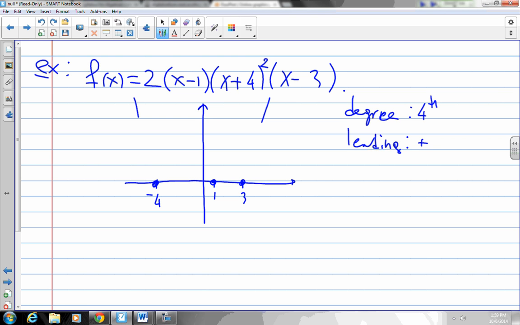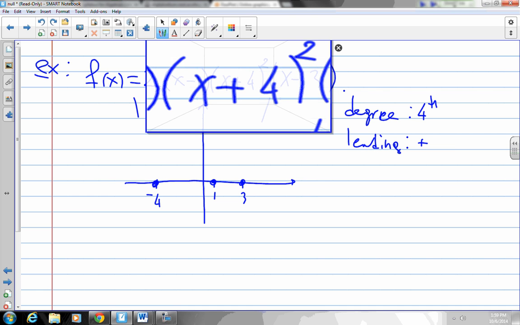And just take a wild guess. At which zero will the touch occur? -4. And actually, we're also going to learn that locally, these factors are going to look just like the functions themselves. What is (x + 4) squared?